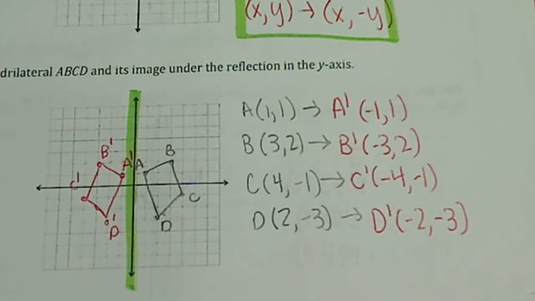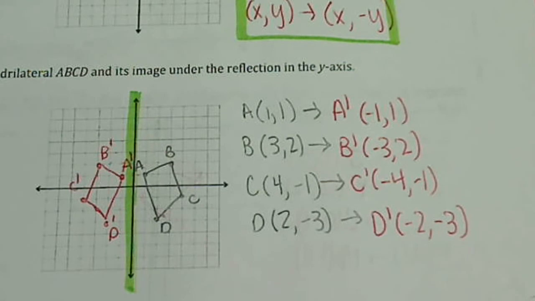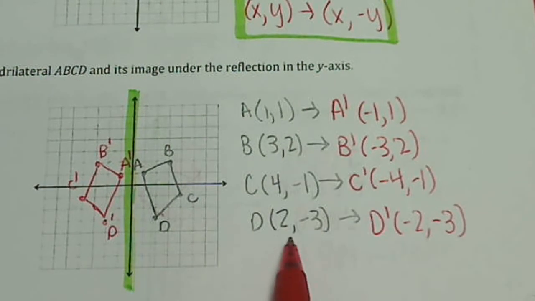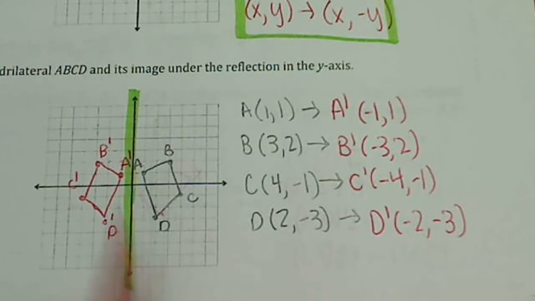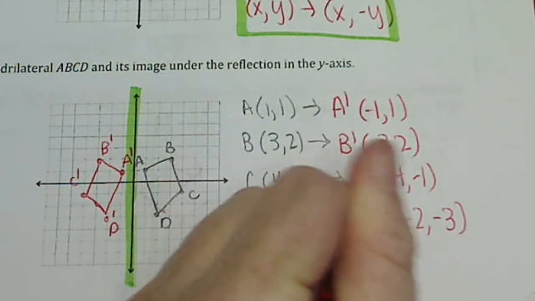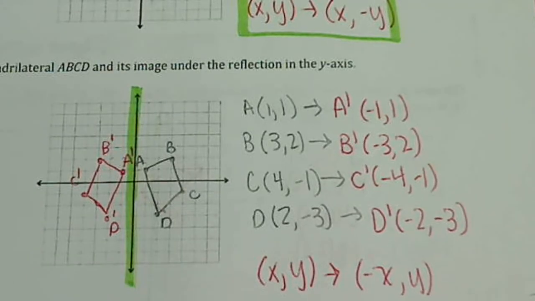Reflection in x, change the y. Reflection in y, change the x. You see how they're not the same? Reflection in the y, what changed was our x. Our x became negative. So any point x, y, if we're reflecting it in the y, your x is going to change.